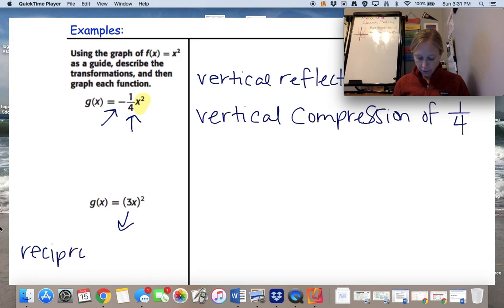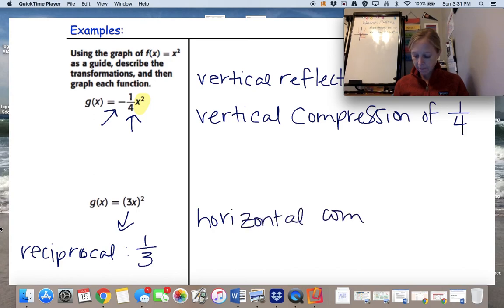The reciprocal of 3 is 1/3. So when we're using the number 1/3, we have to use the word compression because 1/3 is less than 1. So this is a horizontal compression of 1/3.